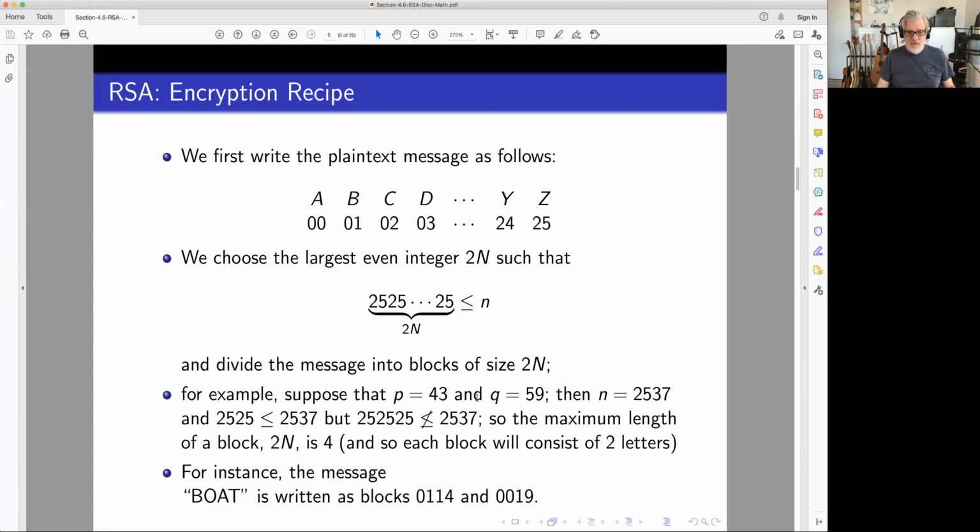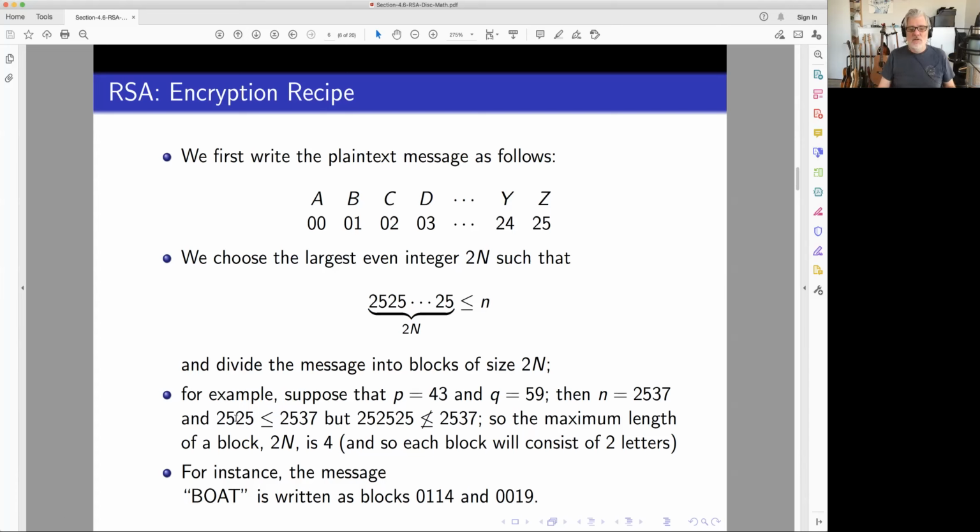Okay, so here's an example. If P and Q are 43 and 59, which would not be good if you're actually using this in the real world, since they're a bit small. Little n is P times Q, which is 2537. Now I want to stack up as many 25s next to one another as I can, but still get a number less than or equal to 2537.